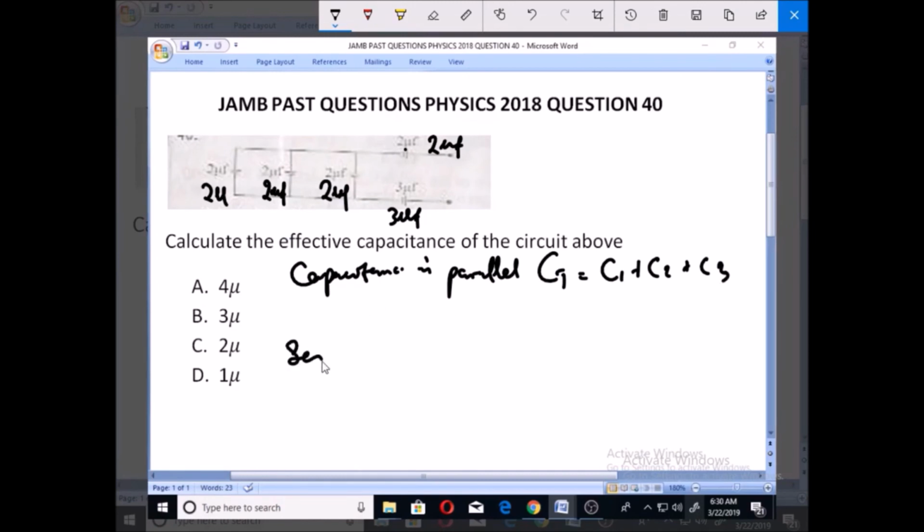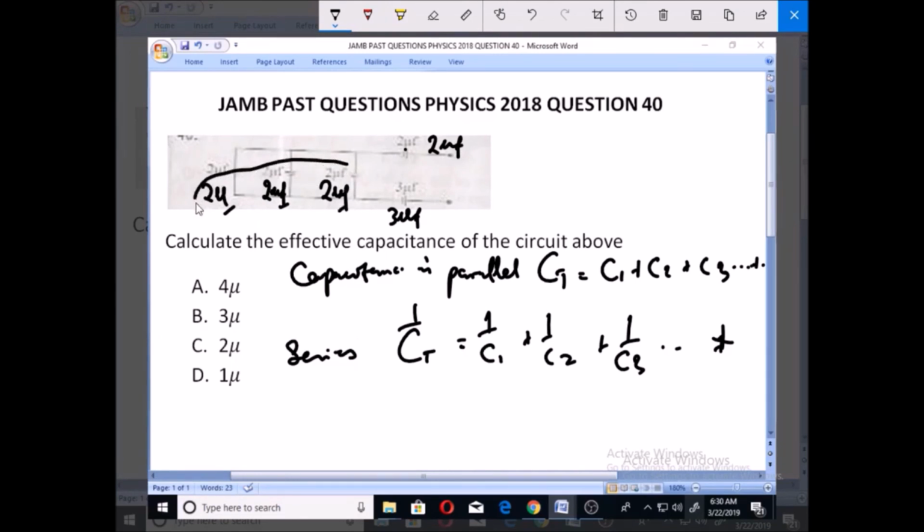Whereas for series calculation, we have 1 over C total is equal to 1 over C1 plus 1 over C2 plus 1 over C3. So you continue to add this one. So if it is in parallel, it has to be just normal, but if it's in series, you add up the reciprocals.